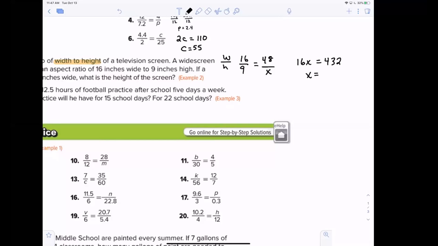So X equals what? 27 what, though? Does everybody agree it's 27 inches? Because we're talking about the height, correct? So remember, this is what we were talking about on the word problem, where the units are important. So now, Luca, how do you feel about that? Feel a little better now? Right, just setting up proportions, that's your job.